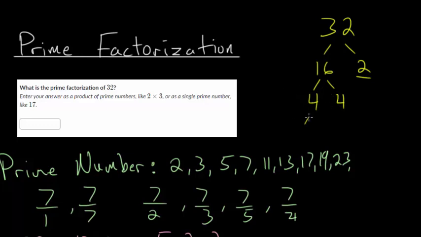And then 4 can be broken down into a product of 2 times 2. Now notice the ends of each of these branches is now a prime number. And once you reach prime numbers, you stop. What I would recommend in the beginning is maybe circling or underlining or highlighting in some way which numbers were the ends of the branches.